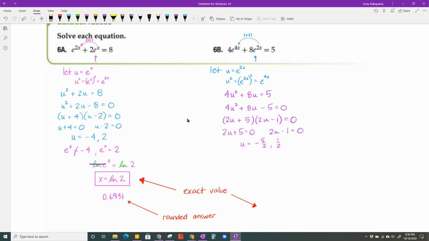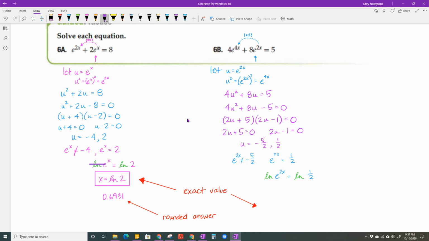What is u? U is e to the 2x. E to the 2x equals negative 5 halves, but it can't be negative. E to the 2x equals 1 half. How do I get rid of that e to the 2x? I'm going to use the inverse of it, which is the ln. So the ln of e to the 2x equals ln of 1 half.